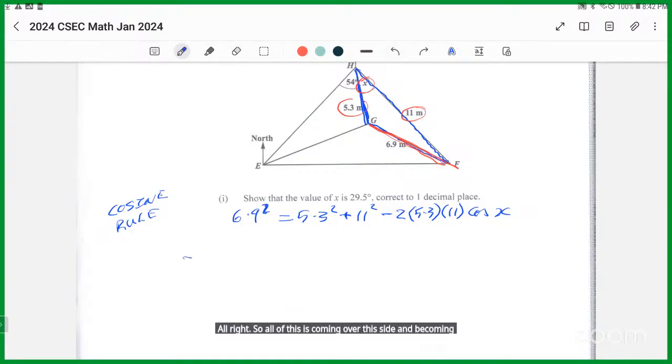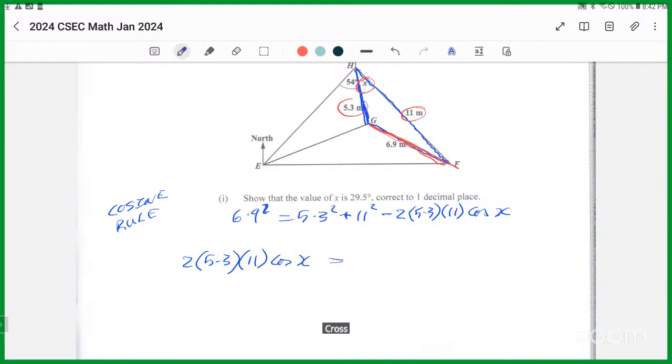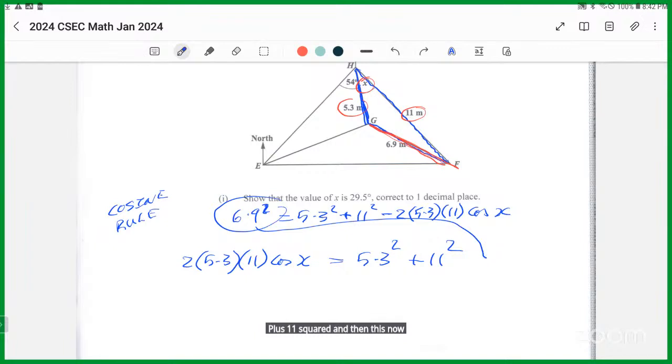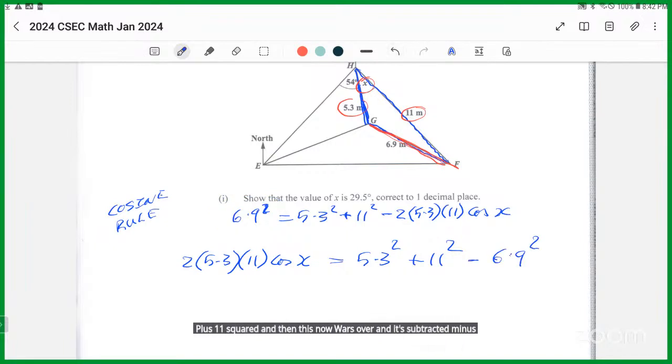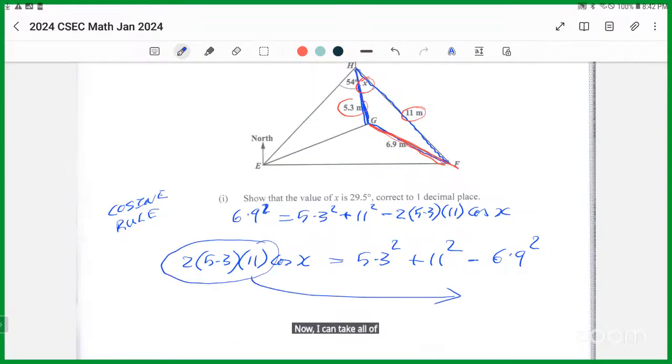So I'm going to write 2 times 5.3 times 11 cos x equals, this stays 5.3 squared plus 11 squared, and then this now goes over and is subtracted, minus 6.9 squared. Now I can take all of this and divide it under here.